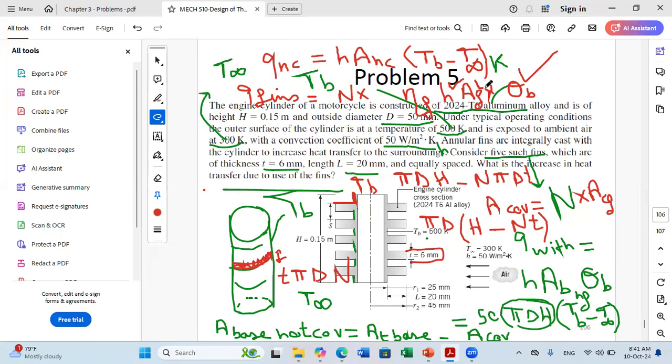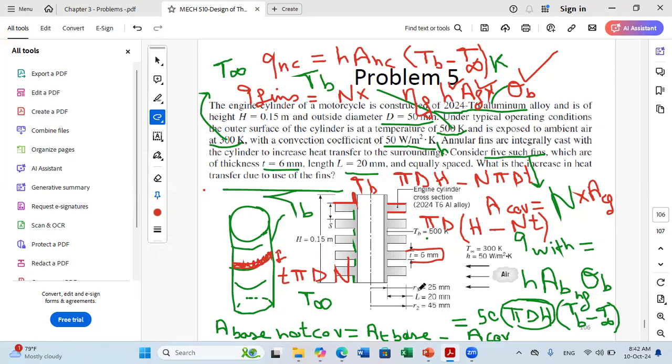Concerning AF, it's exactly the same procedure as the previous problem, okay? To be able to use the formula, the graph, I need to find R2 corrected. So AF is 2 times, because we take upper and lower part, 2 times pi, R2 corrected squared minus R1 squared.